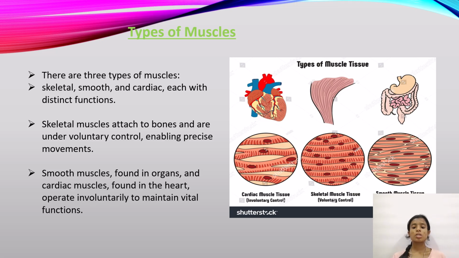Cardiac muscle tissue is involuntary, and skeletal muscle tissue is voluntarily controlled. Smooth muscle tissue is involuntary. Smooth muscles are found in organs, and cardiac muscle is found in the heart. They operate involuntarily to maintain vital functions.